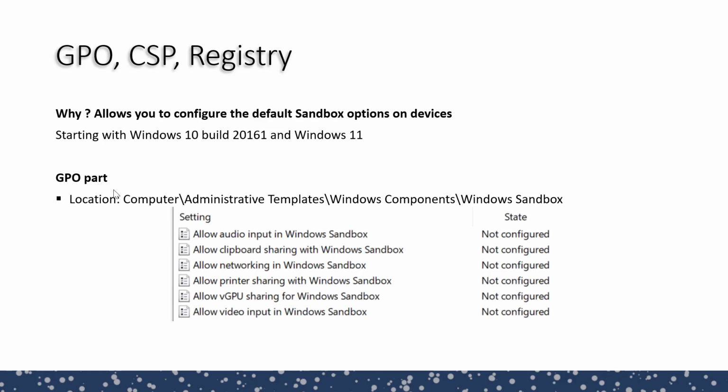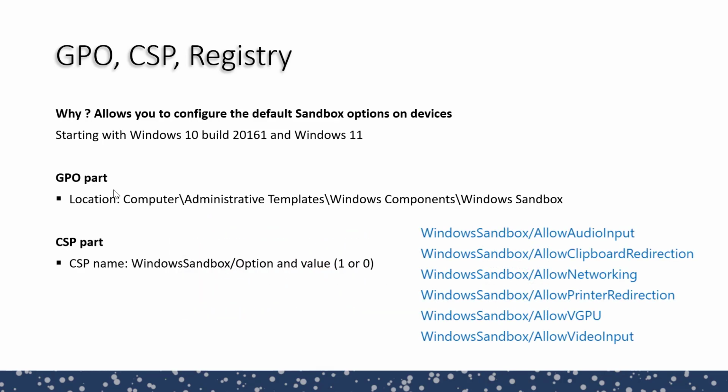And just set the option to enable or not to enable those options directly on your device. For instance, if you don't want to enable networking by default on the Windows Sandbox when a user will run the Windows Sandbox, go to allow networking and set it to disable.